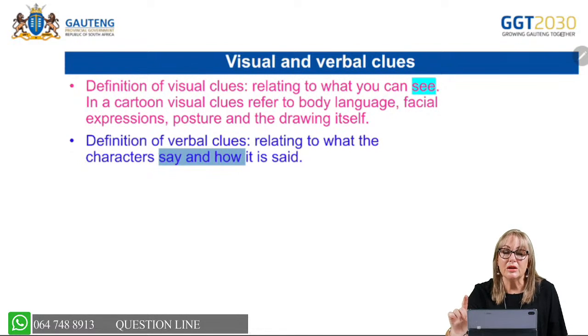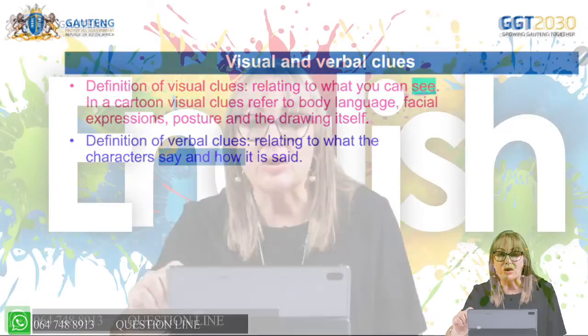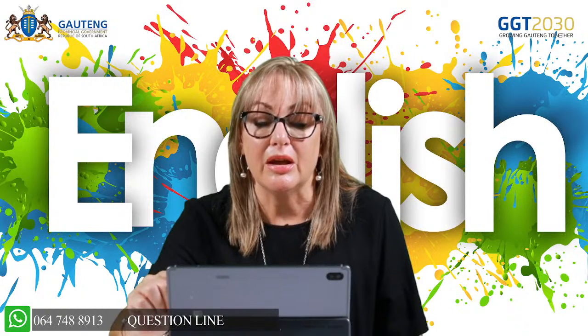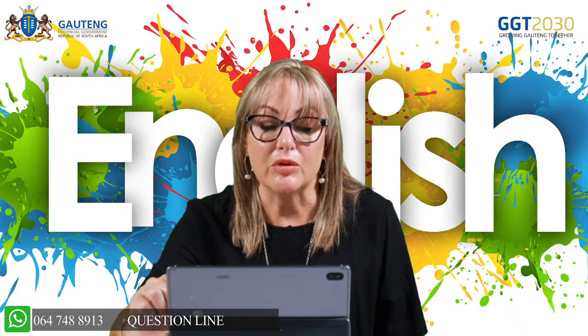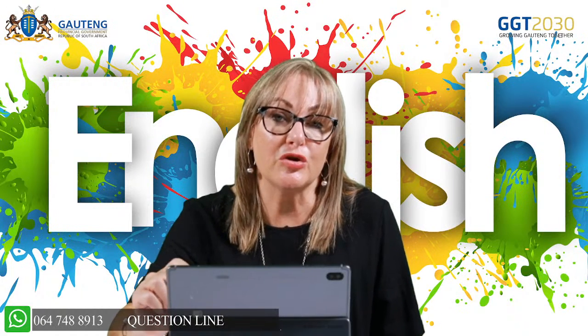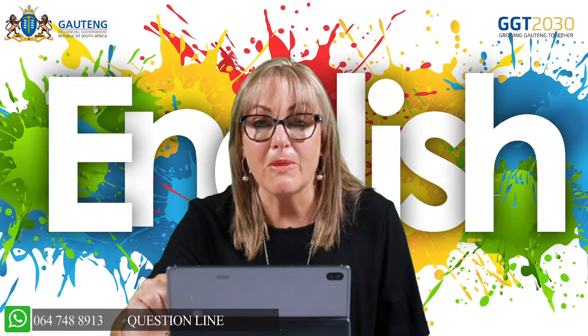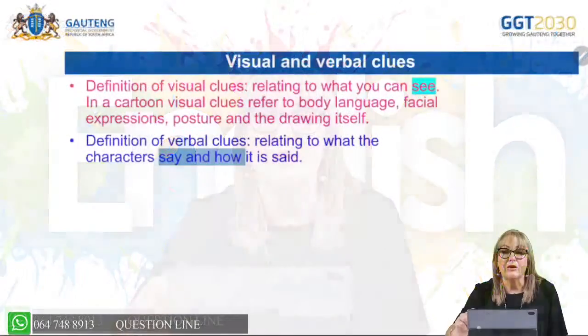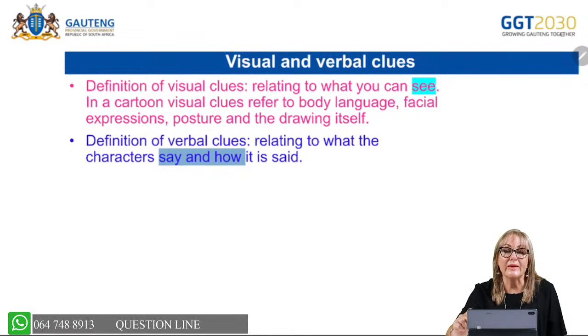You must always interpret visual and verbal clues. A visual clue relates to what you can see. So it refers to body language, facial expression, posture, and the drawing itself. On the other hand, the verbal clues relate to what they say and how they say it.